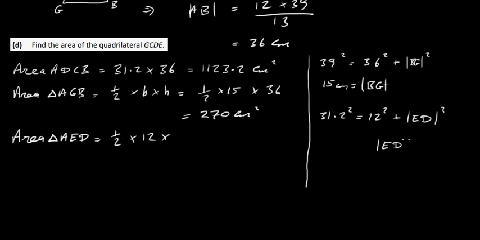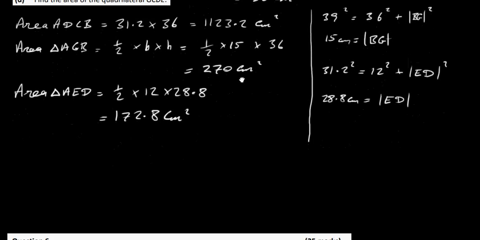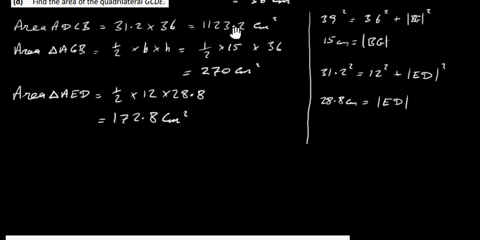You can do that fairly quickly on your calculator, but you get 28.8 centimeters. So that goes in here, and when you multiply all that together, you get 172.8 centimeters squared.